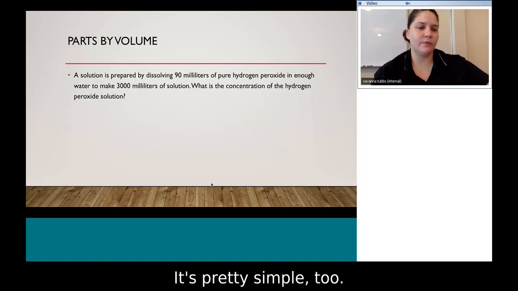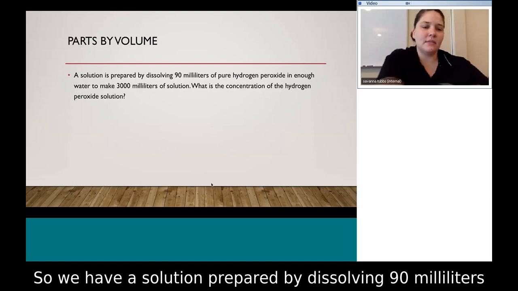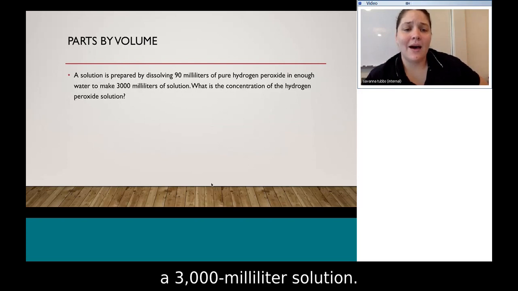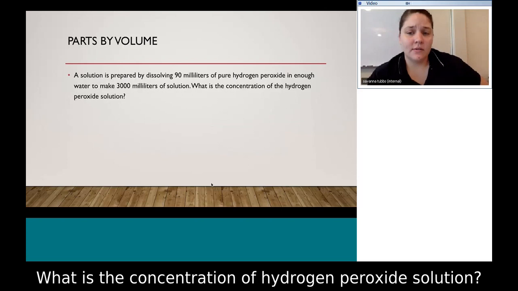It's pretty simple too. So we have a solution prepared by dissolving 90 milliliters of pure hydrogen peroxide and enough water to make a 3,000 milliliter solution. What is the concentration of the hydrogen peroxide solution?